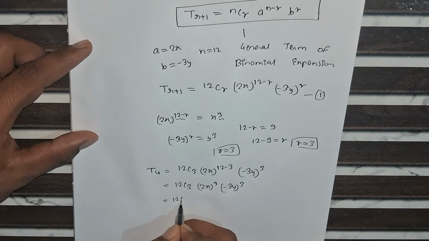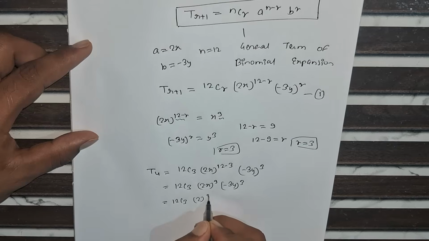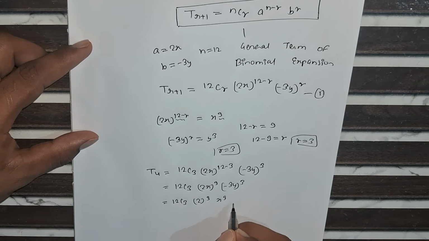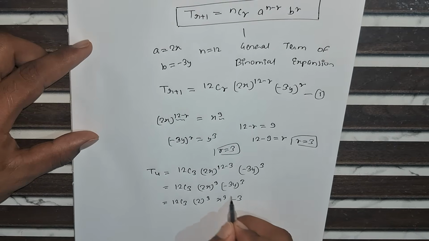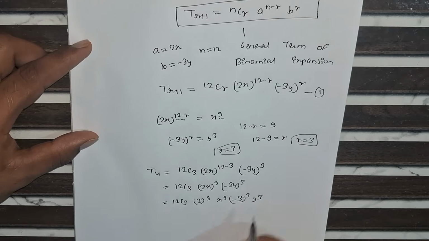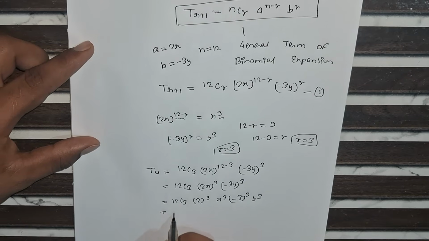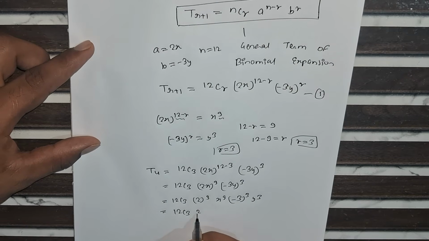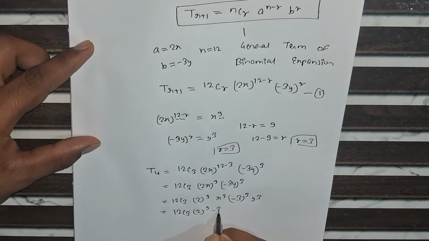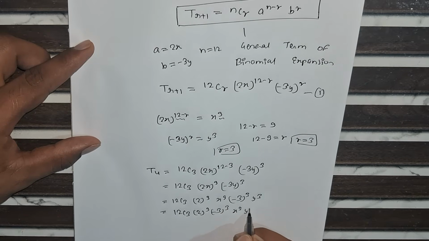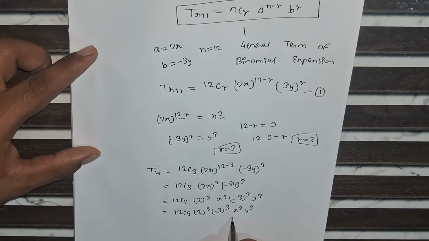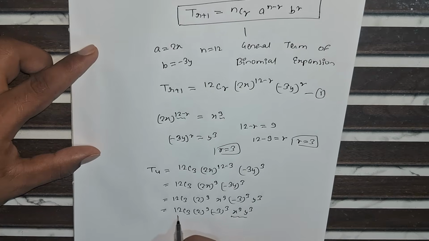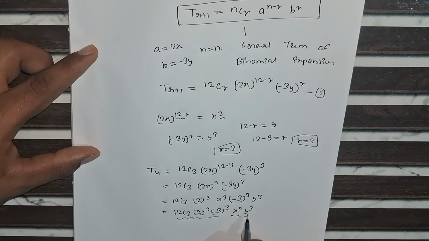So this is 12c3, 2 to the power 9, x to the power 9 and (minus 3) to the power 3 and y to the power 3. So we have to separate this one, which is 12c3, 2 to the power 9, (minus 3) to the power 3 and x to the power 9 and y to the power 3. This is the coefficient of x to the power 9 and y to the power 3.